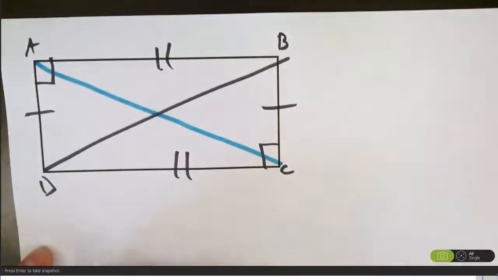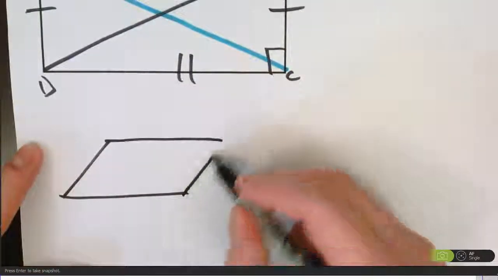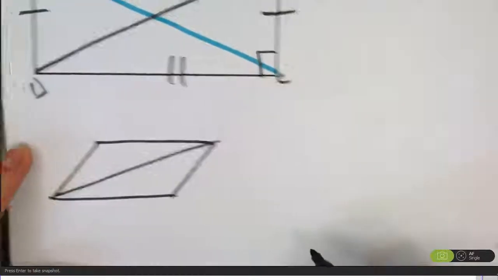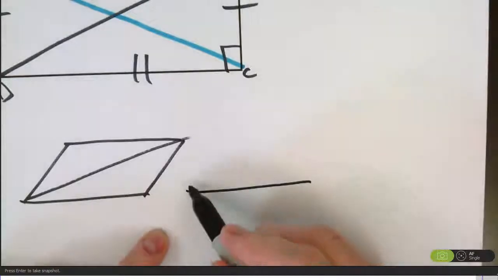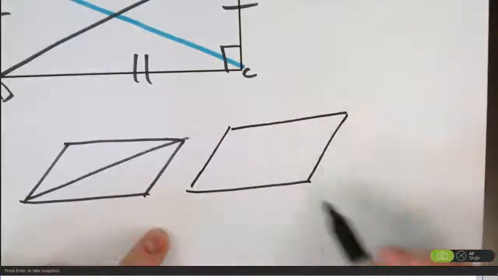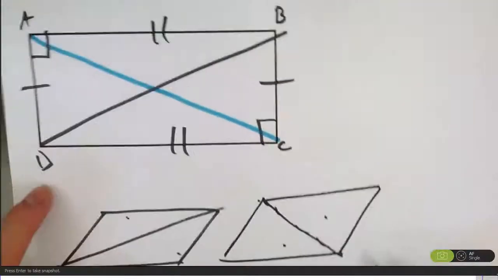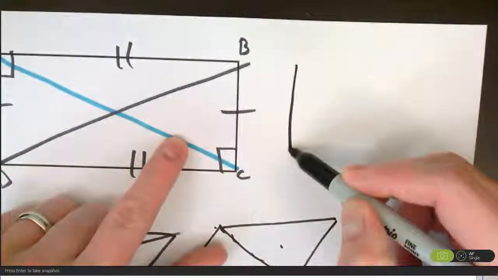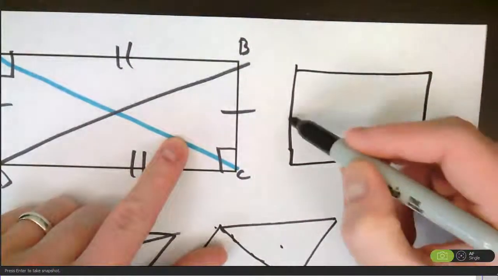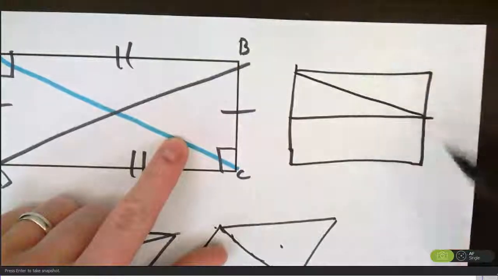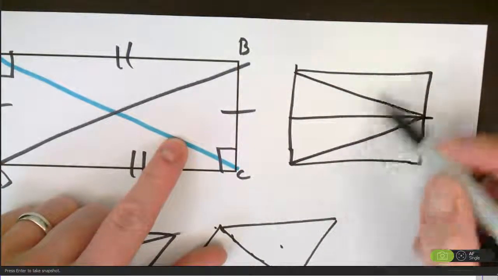Unlike on a parallelogram, those two triangles are congruent, but they're definitely not congruent if I draw it in this way. These two triangles are not the same as those. Whereas with a rectangle, whether I draw the triangles in that direction or in this direction, all four of those triangles are congruent.